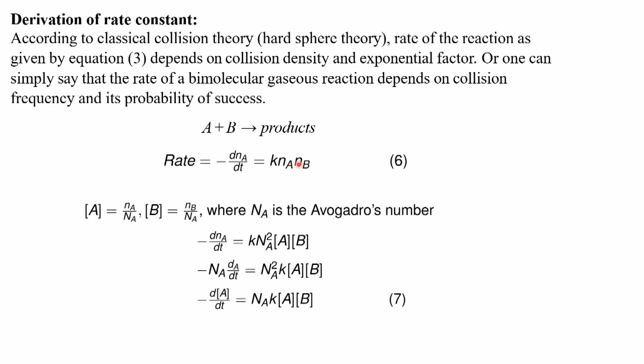If you substitute the value of Na and Nb by this, we get k times Avogadro number square, times concentration of A times concentration of B. So finally we arrive at this expression: minus d concentration of A by dt is Na times k, then concentration of A times concentration of B.